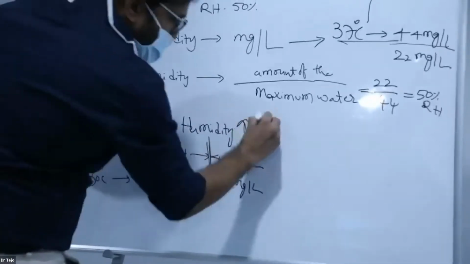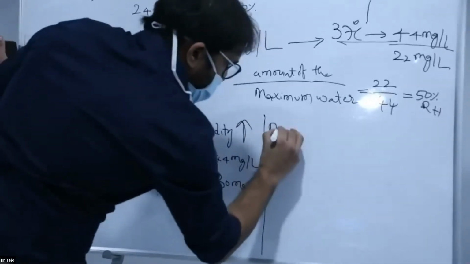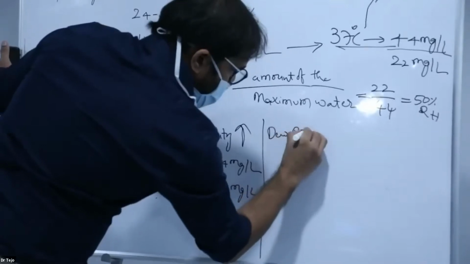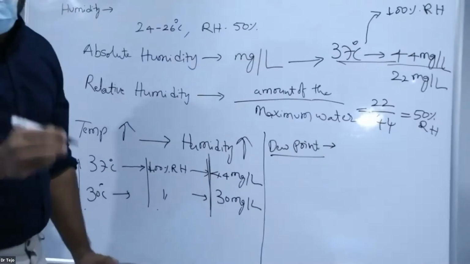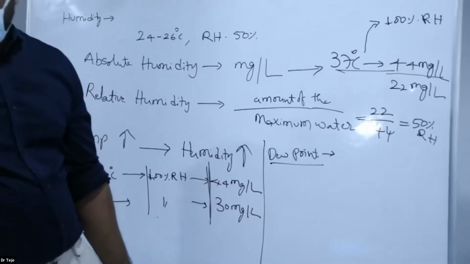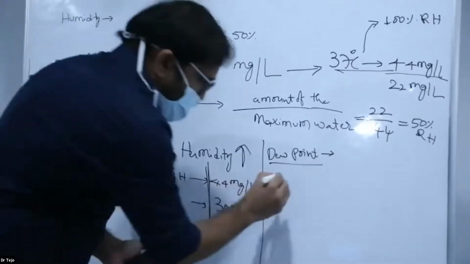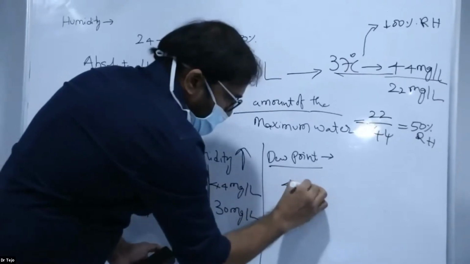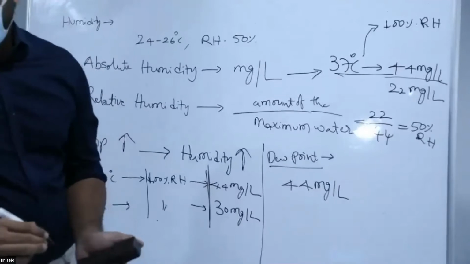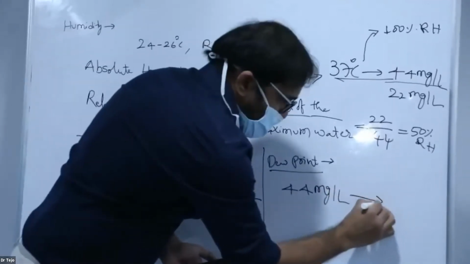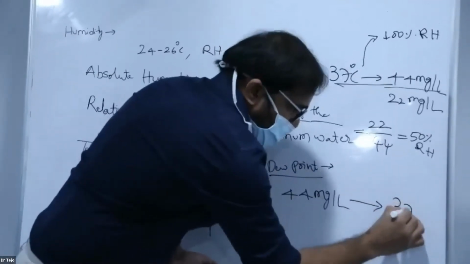Now we see another entity which is called the dew point. Dew point means the temperature at which the gas is maximally saturated. Suppose the humidity is 44 mg per liter, then the gas is maximally saturated at 37 degrees centigrade.